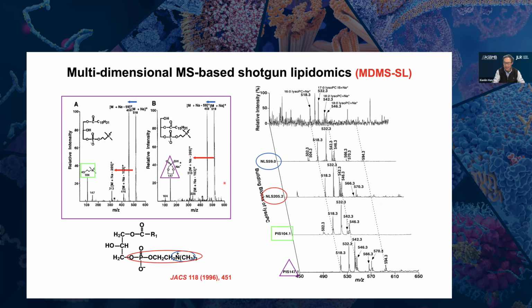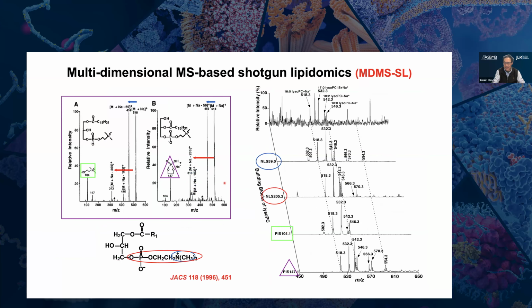And there is a very strong loss of 205, the same as phosphocholine. The unique fragments of the two isomers are 104 versus 147. That pattern is always there for all the lysolipids, lyso-PCs.